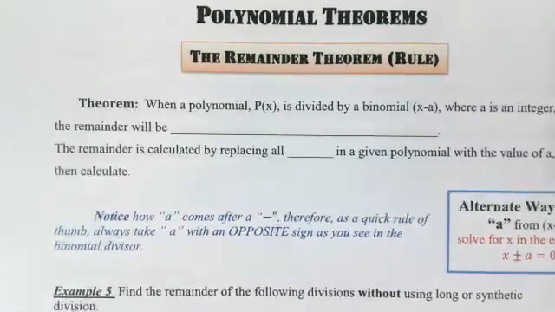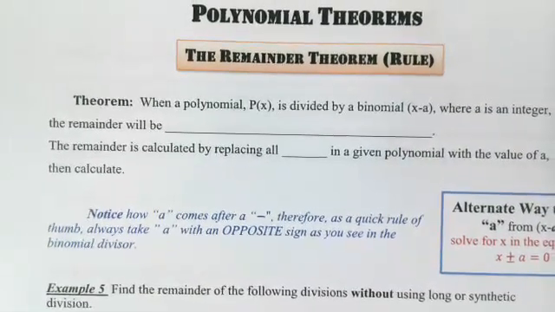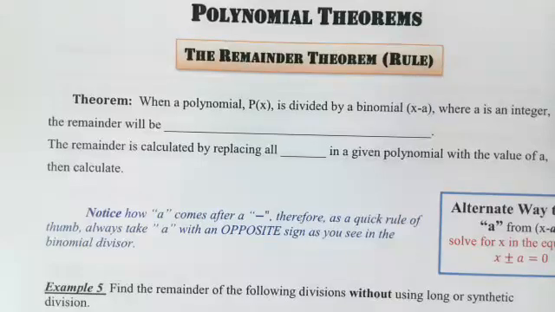So we are going to start with the remainder theorem. This is a theorem that's going to show us, if we divide a certain polynomial by the binomial x minus a, how can we quickly figure out if that binomial x minus a is a factor, divides it completely, or actually has a remainder. So it will tell me what the remainder of that division is.